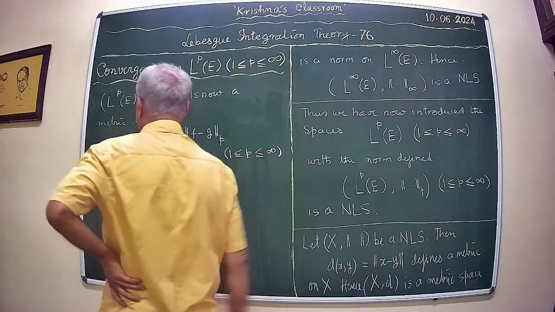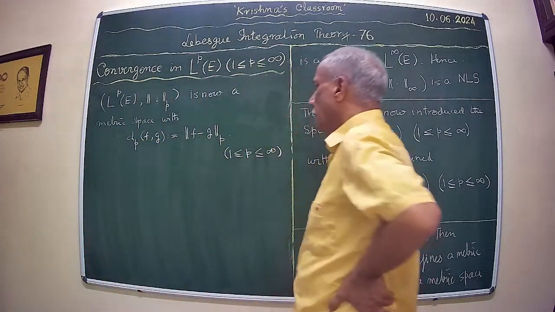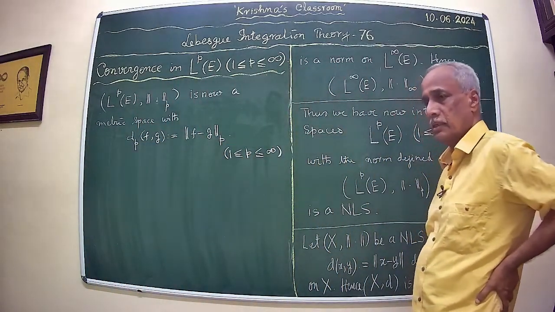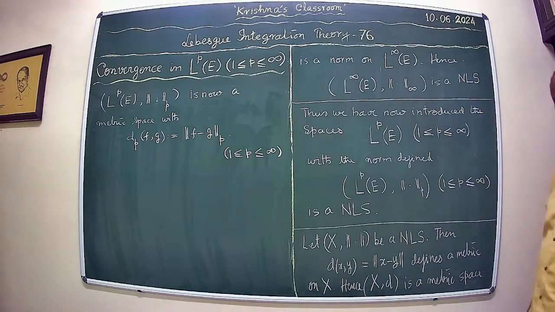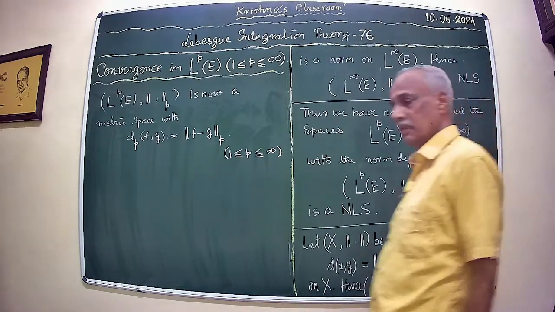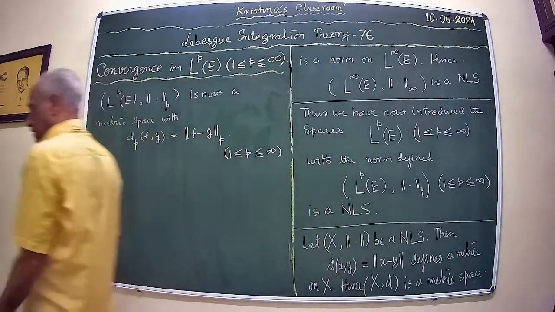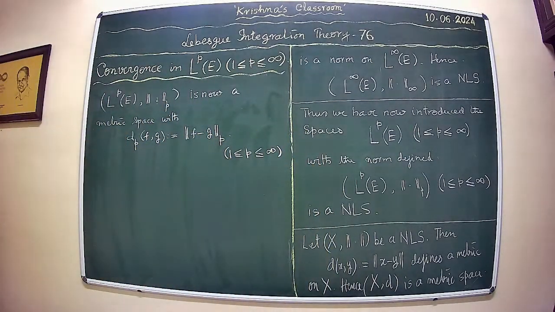So our problem now is the completeness of this metric space. So we have now the tool for posing the completeness problem.